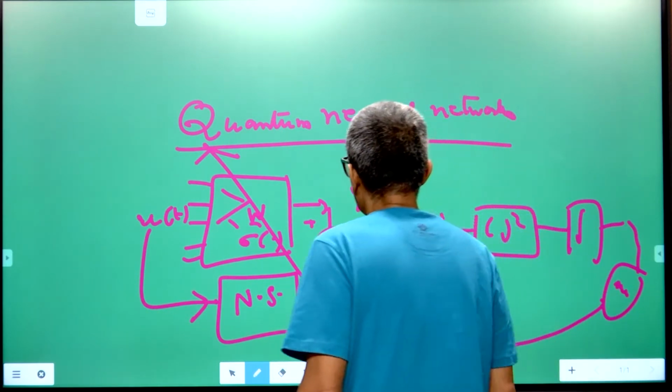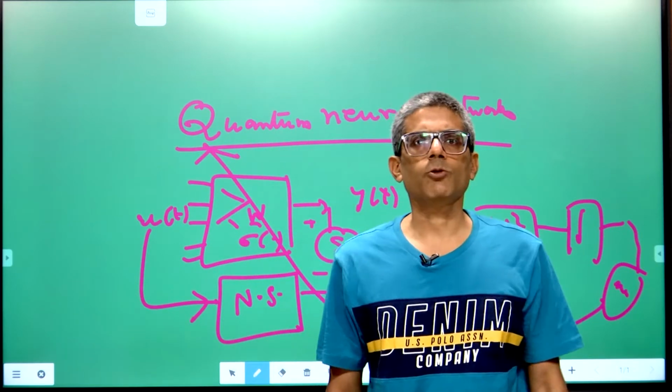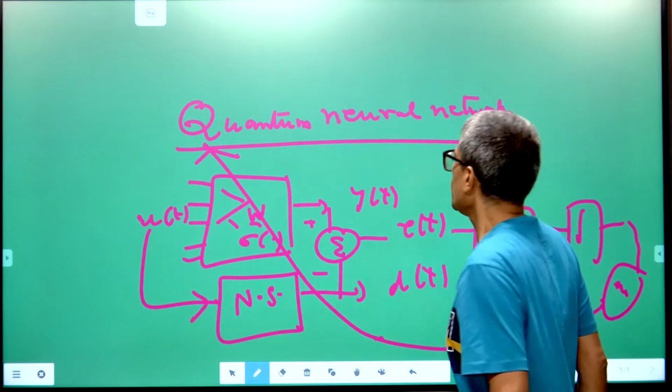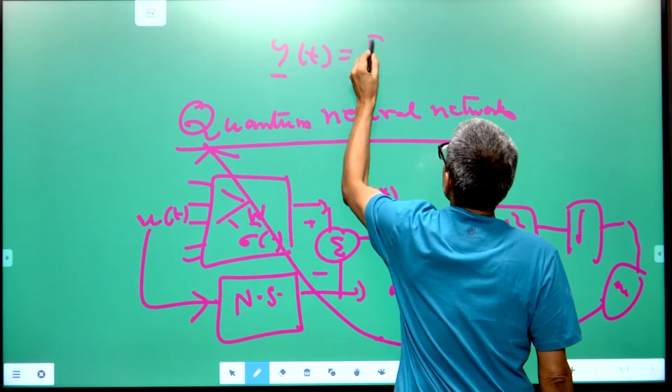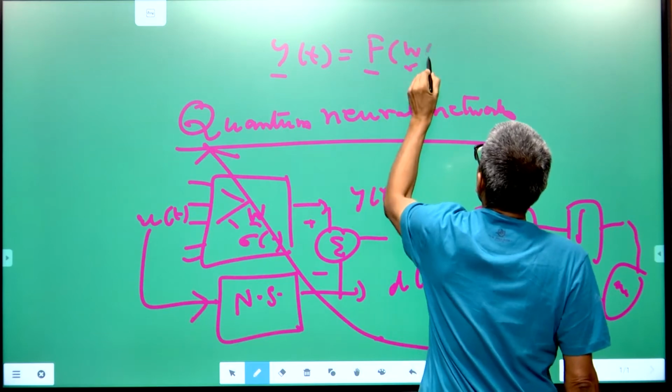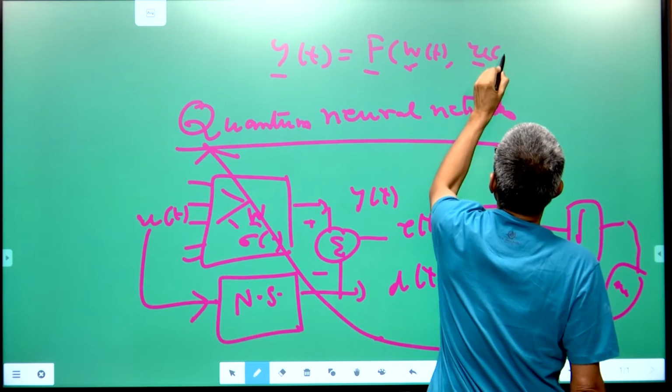Now, you can do it in various ways. If the nonlinear system does not have any memory, then you can use a feed forward neural network, which gives you a direct relation between the output layer of the neural network and the weights and the input process ut. It is a direct relationship.